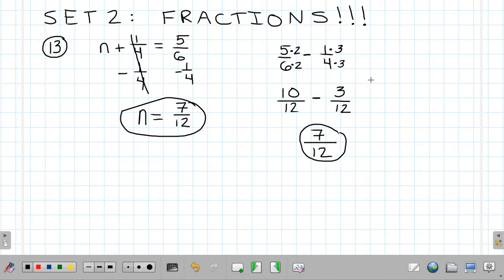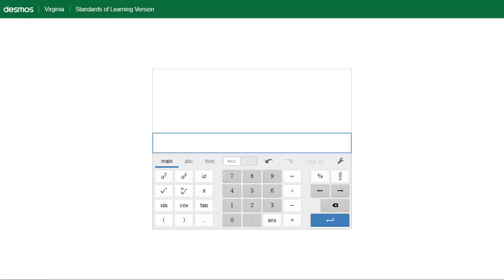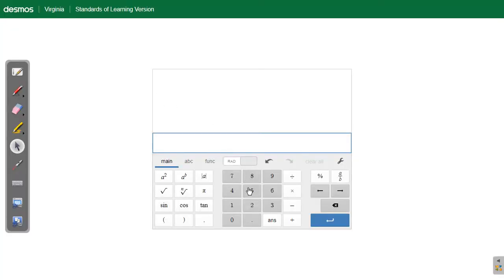But that's where we run into some issues, okay? So if you're using your Desmos calculator, which I will remind you is the same calculator you'll have to use on the SOL, so this is why I'm showing you specifically on the Desmos calculator, okay? If you wanted to do 5/6 minus 1/4, you can plug it in just like that, like I just did right there.